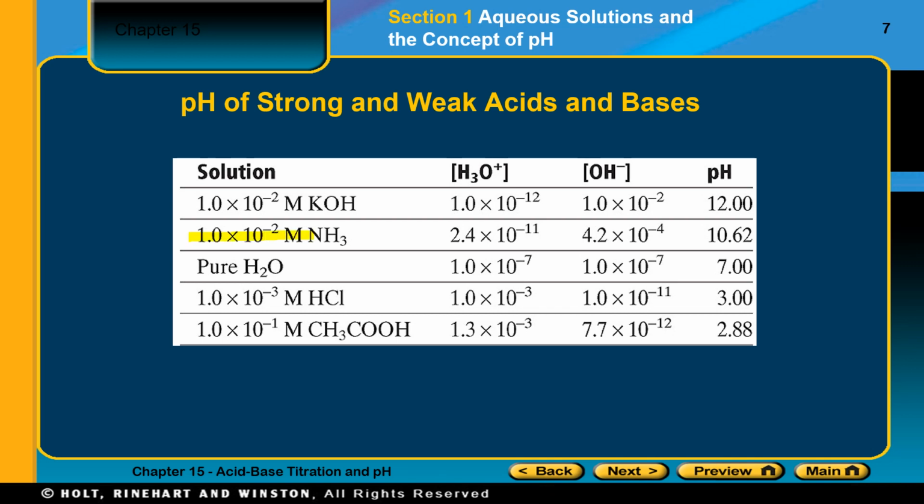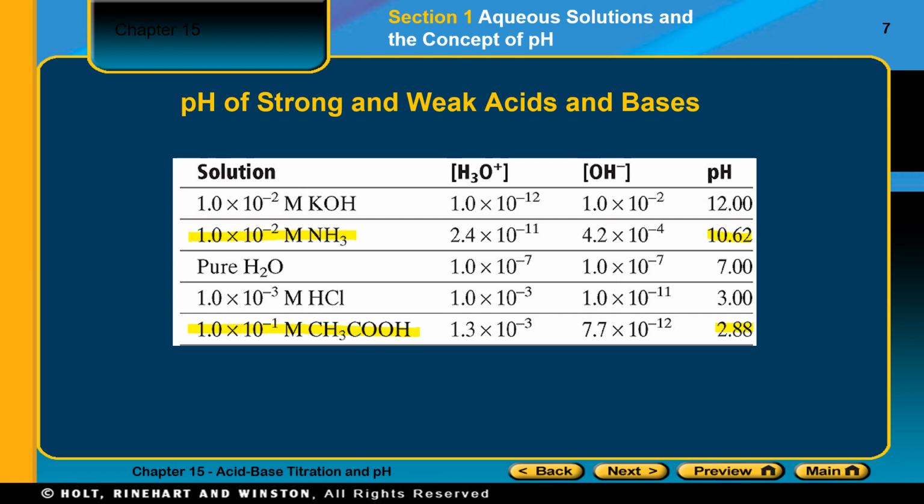This particular one right here and this one right here were not completely ionized, and so consequently the pH over here is not as expected. They would have to tell you the pH and measure it before you could actually calculate these values over here.